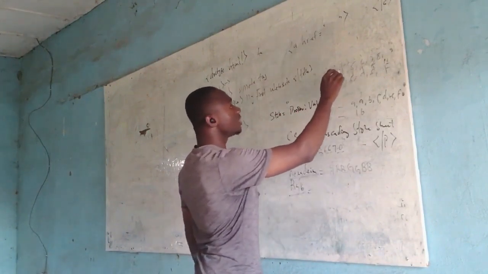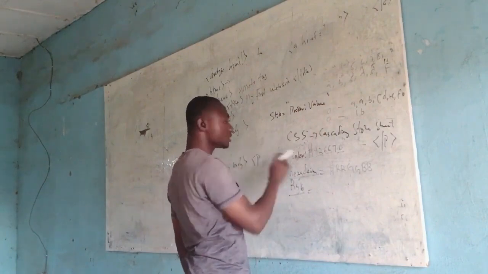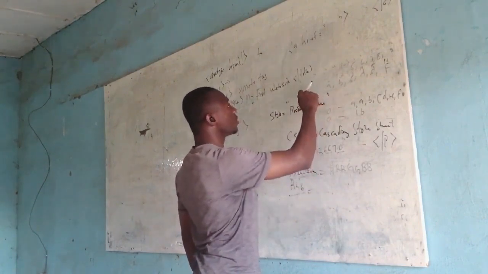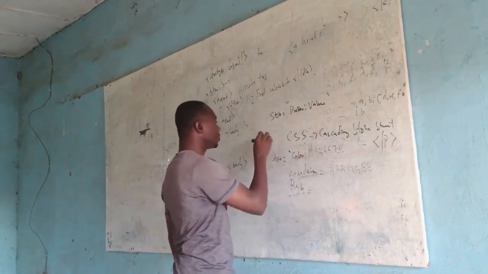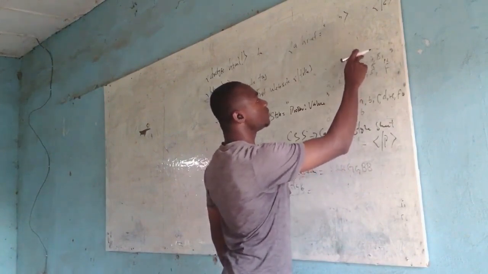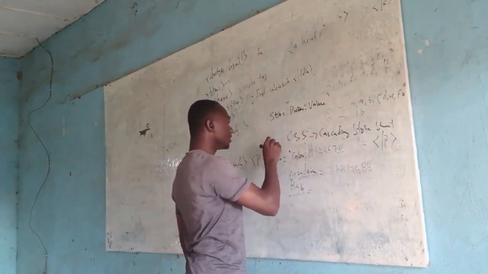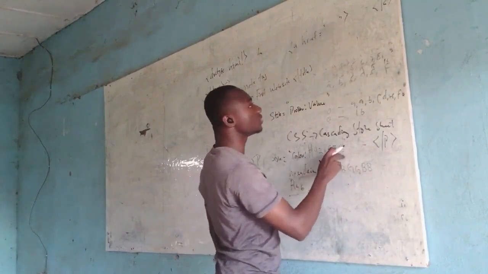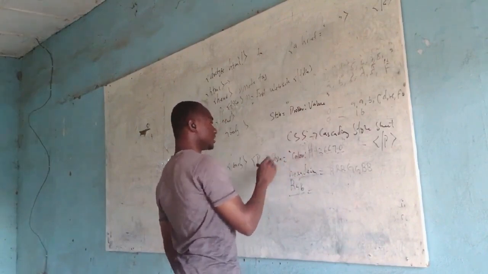So we have 426670. For red, 4 plus 2 gives you 5 plus 3, so 5 plus 3 will give you 8. The second one, green, 6 plus 6, which is 7 plus 7, is 14. And blue, 7 plus 0: 7 is 8, 0 is 1, which is 9.